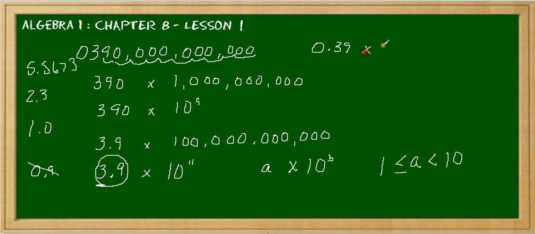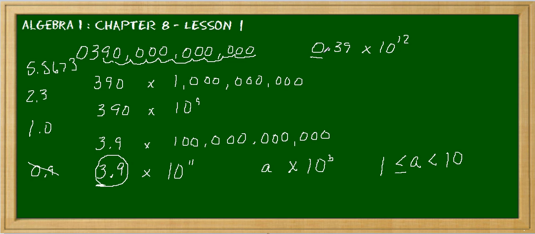All right, 0.39, that means I would have gone over 12. But though this is a true expression, it's not in scientific notation. Scientific notation requires that this number be, well, let's just say anything from 1 to 9, and that's it, 1 digit.